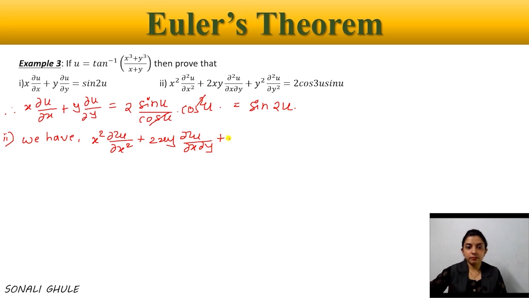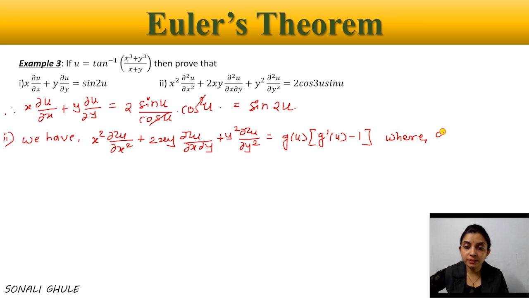Yes, x square dou 2u upon dou x square plus 2xy dou 2u upon dou x dou y plus y square dou 2u upon dou y square is equal to, very good, g of u in bracket g dash of u minus 1. Where? What is g of u here? It is n into f of u upon f dash of u.